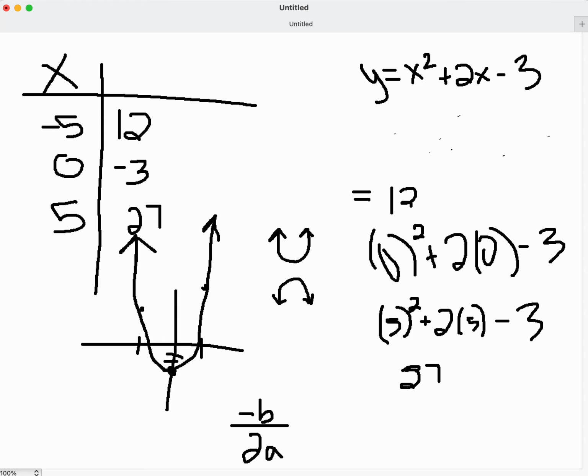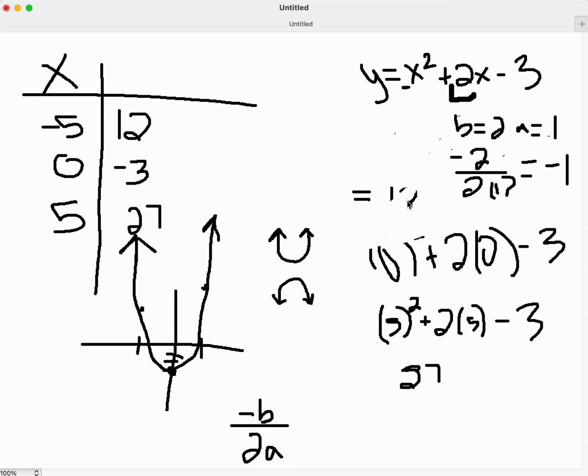For -b over 2a, b is the number in front of x. So here my b is 2. And a is the number in front of x squared. Since there's no number, I call that number 1. So I would get -2 over 2 times 1, which is just going to be -1 for the x value of my equation.